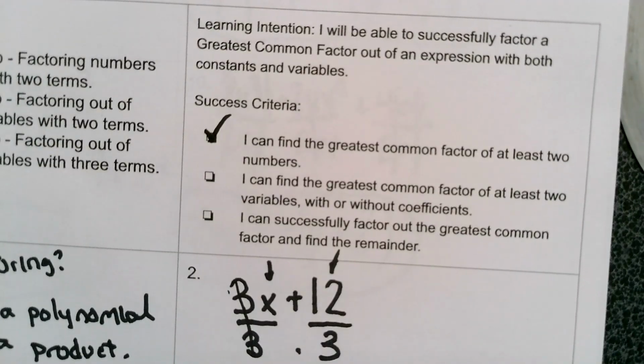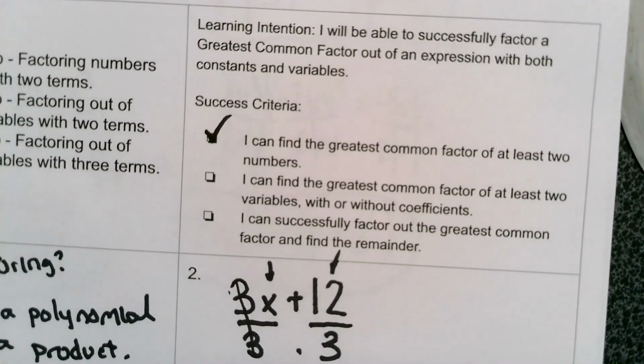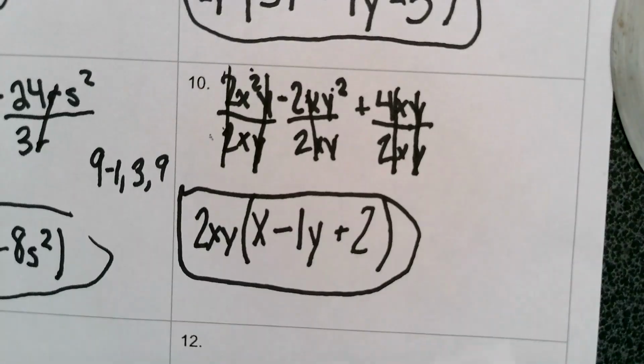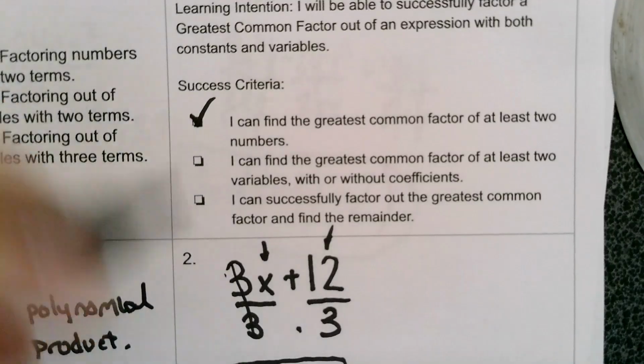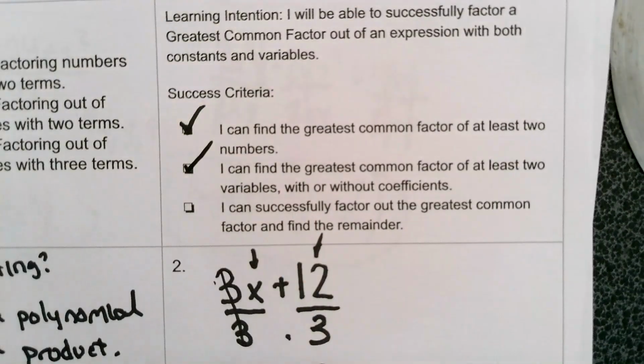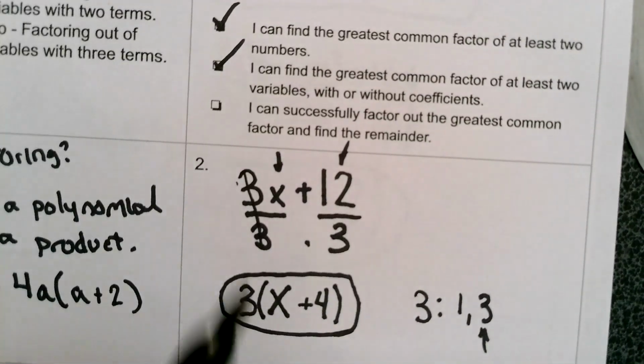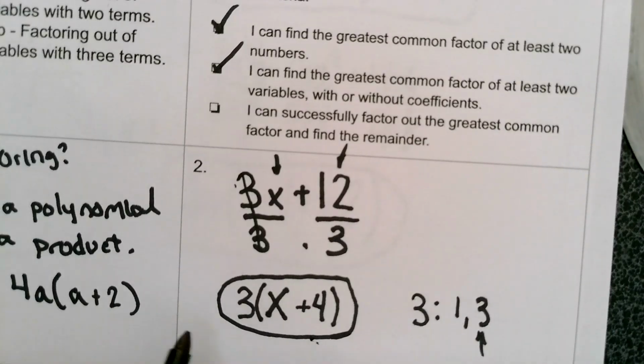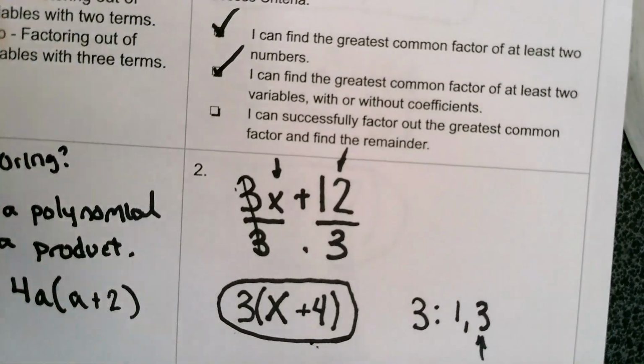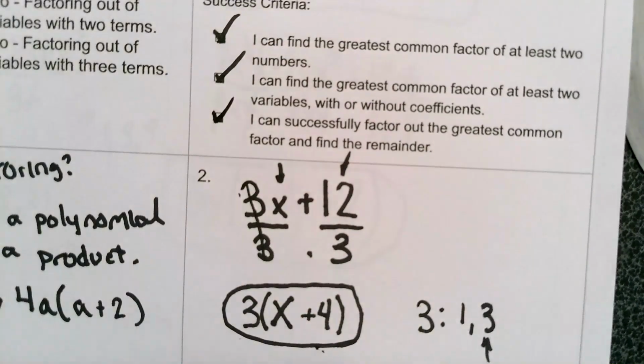We did that in box 5, 6, 7, 8, 9, and 10. So if you're comfortable with those, give that a check. I can successfully factor out the greatest common factor and find the remainder. That is putting what's left in the parenthesis and putting the greatest common factor on the outside. If you're comfortable with that, check it. And if you've checked all three, then you have mastered the lesson.